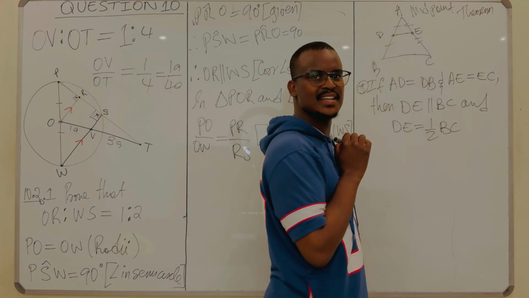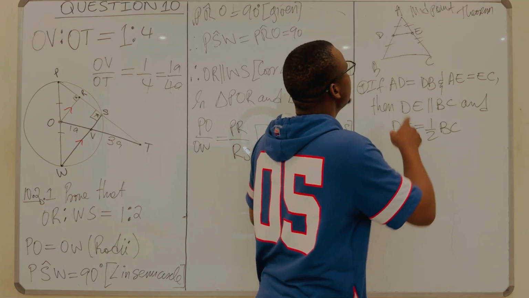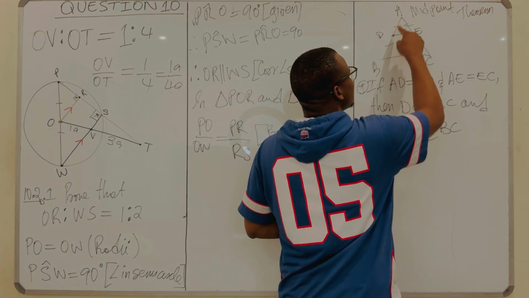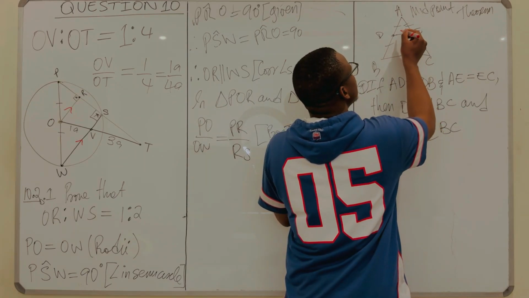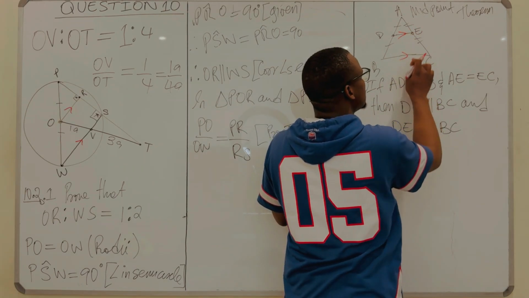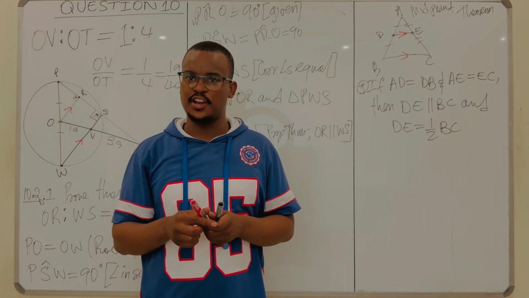That's what the midpoint theorem says. So if you have two sides and a line that joins the midpoints of these two sides, this will be parallel to the third side and its length will be half of that. That is the midpoint theorem.